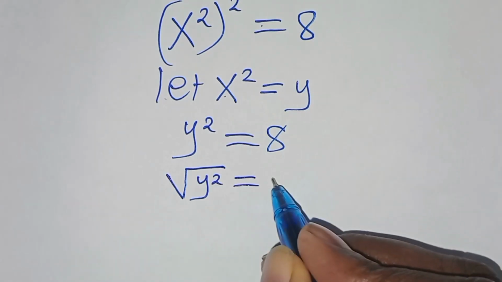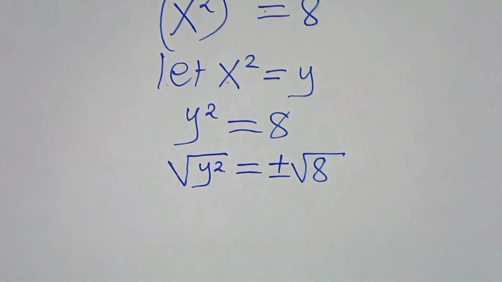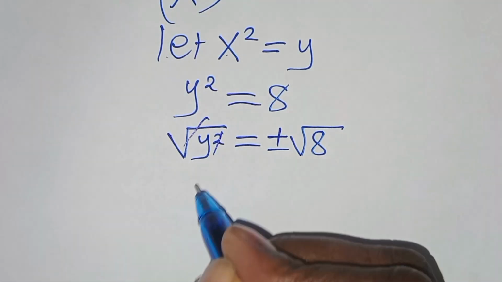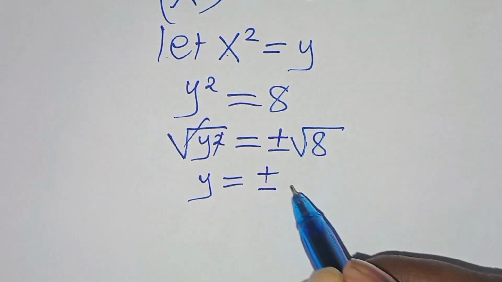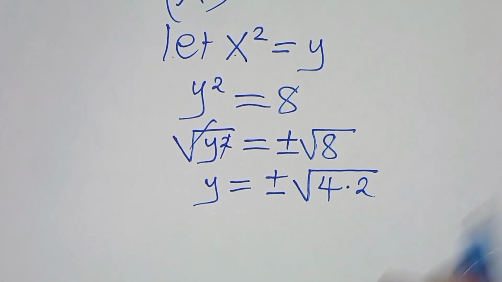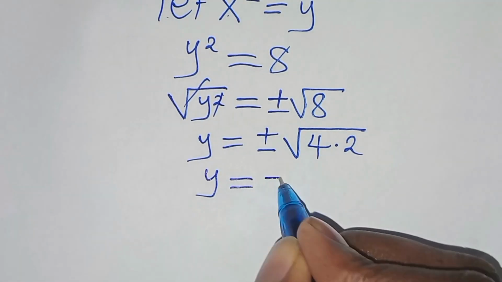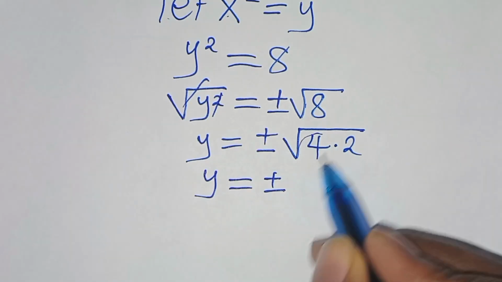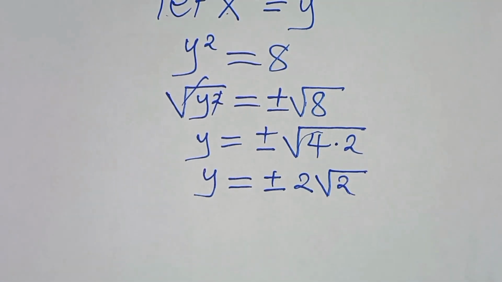So y is equal to plus or minus the square root of 8. We can express the square root of 8 as the square root of 4 times 2. So y is equal to plus or minus the square root of 4, which is 2, then square root of 2.